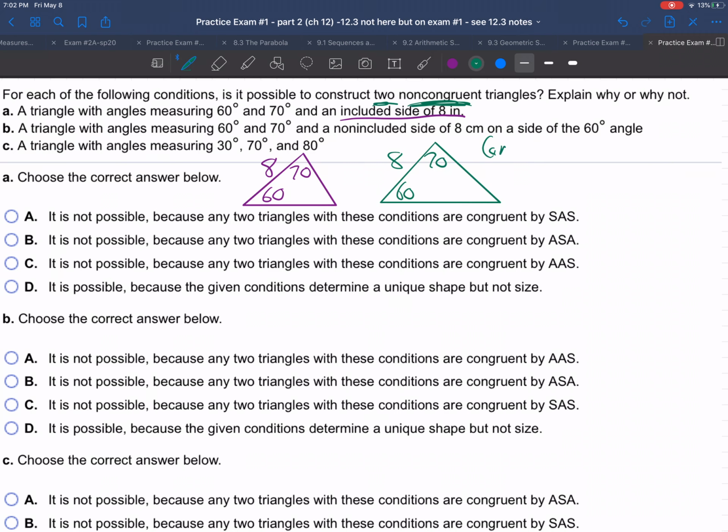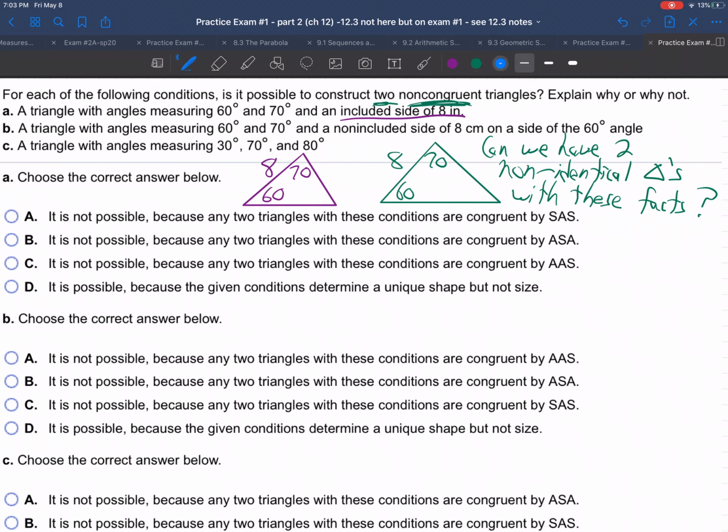So the question is, can we have two non-identical, non-congruent triangles with these facts, that have those two angles and the side in between? Can that be the case?